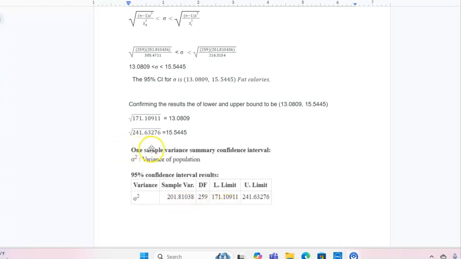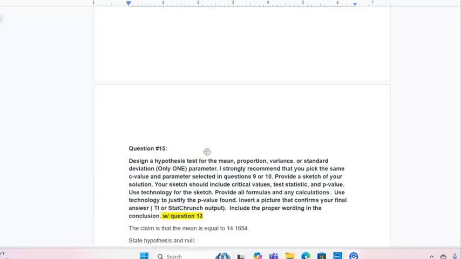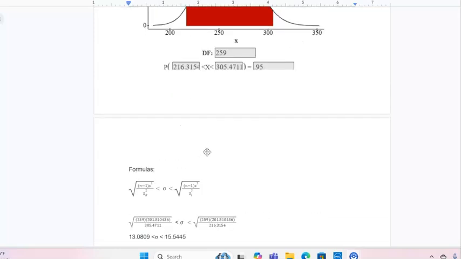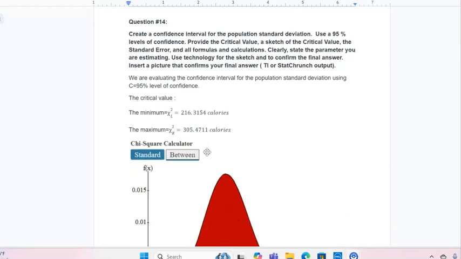For the lower limit, we took the square root of 171.10911, and that got us the 13.809. Then we did the same thing with the upper limit, 241.63276, and that got us the 15.445. That'll be everything for question 14.